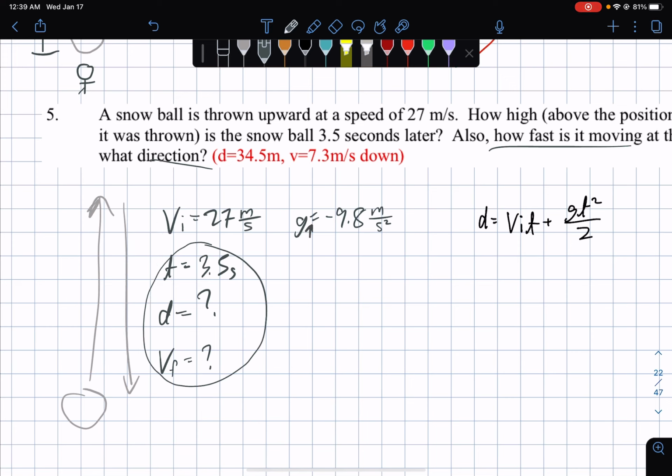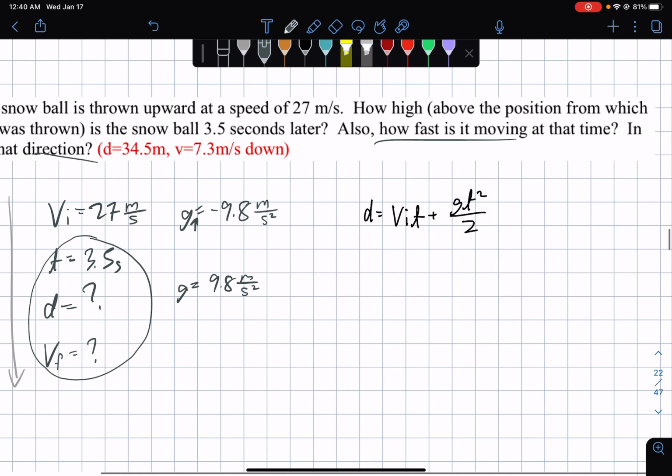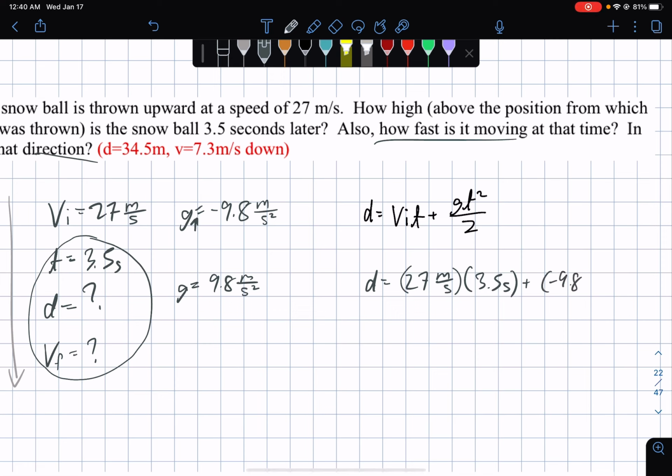So this is the gravity going up, and then we have a gravity going down. You have to organize it in a table so that it's not confusing. Distance is missing. Vi is 27 meters per second. Time is 3.5 seconds. G is negative 9.8. This is the distance going up, and then time is 3.5 again.